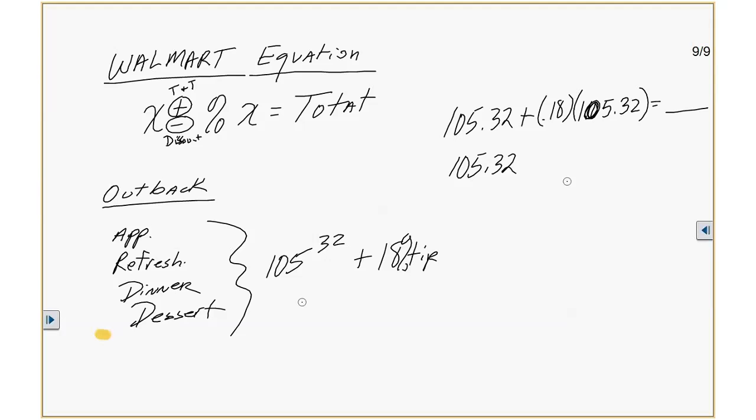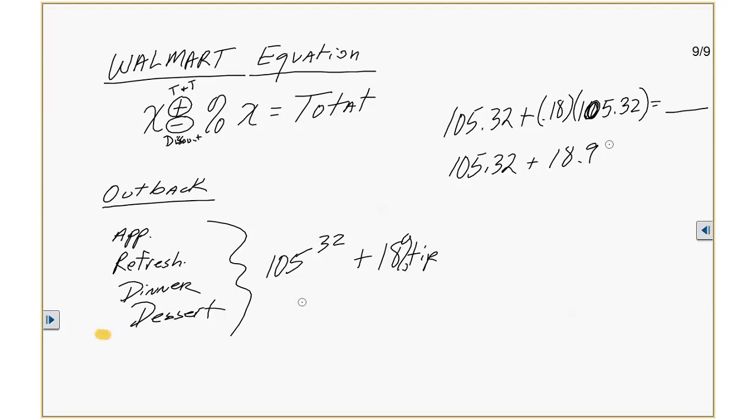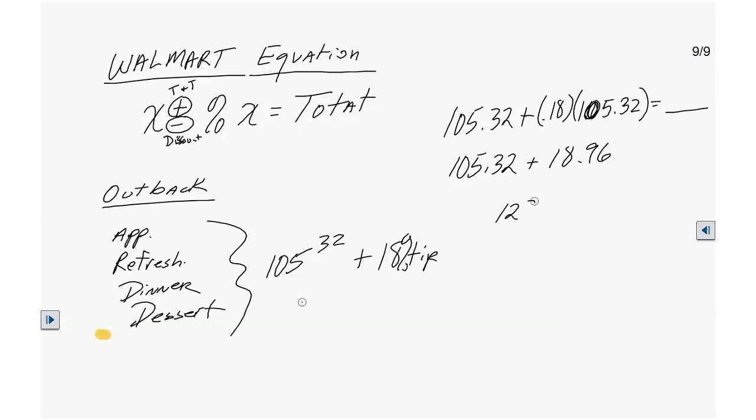So, what's 105.32? Somebody give me this. 10% is going to be 10.50, so 20% is going to be $21, something like that. So we're talking about what? $18.96. Plus $18.96, and somebody tell me what that is. 18 plus 105, what is that? 123 even?